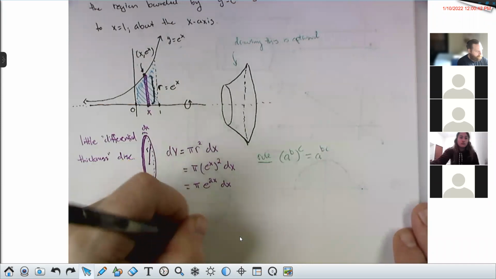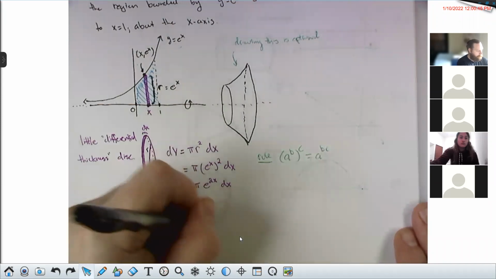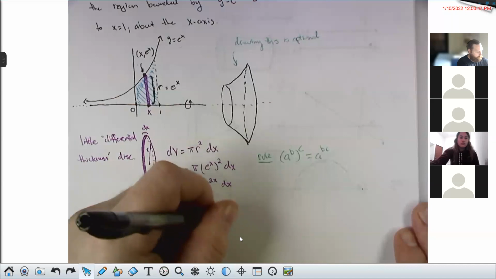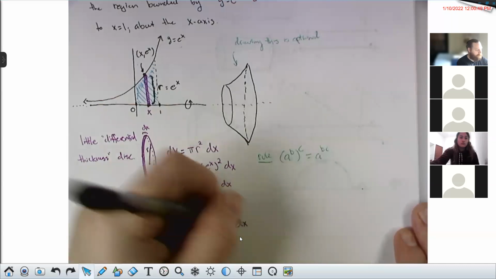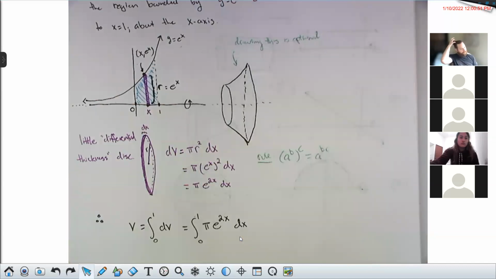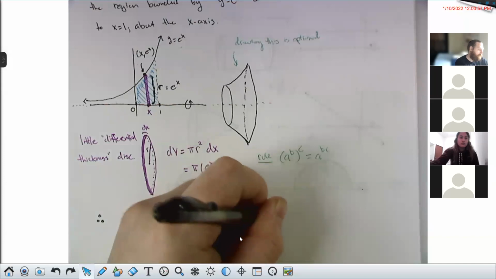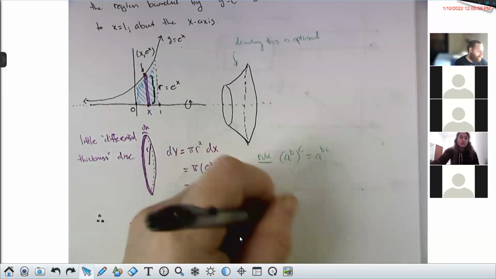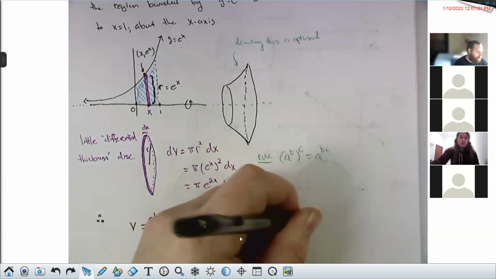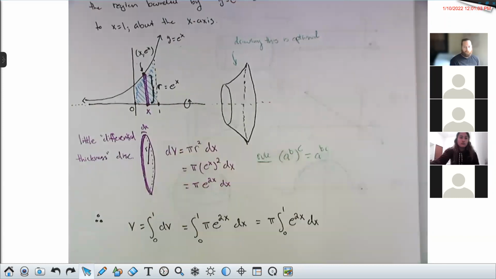So this is the integral from 0 to 1 of pi times e to the 2x dx. And pi is a constant, it will pop out. I have pi times the integral from 0 to 1 of e to the 2x dx. We talked about how to do integrals of this form on Wednesday of last week. This is what we called a micro u-sub, right? You'd sub u equals 2x, or z equals 2x.